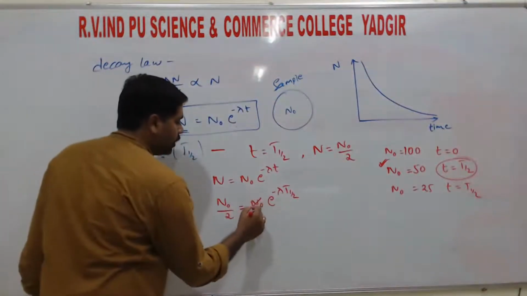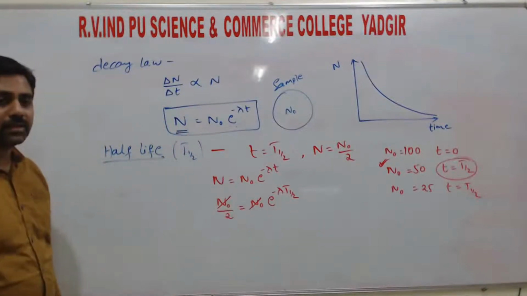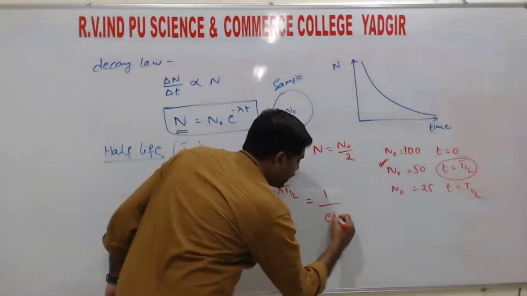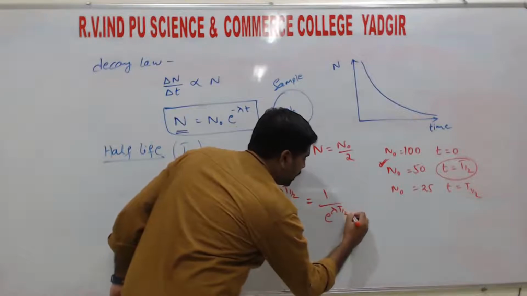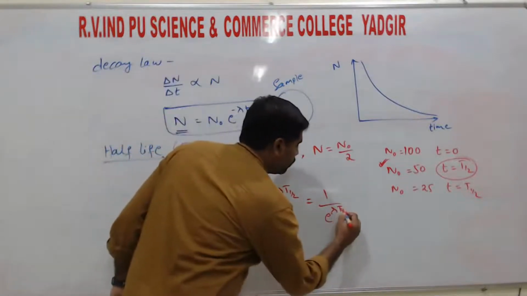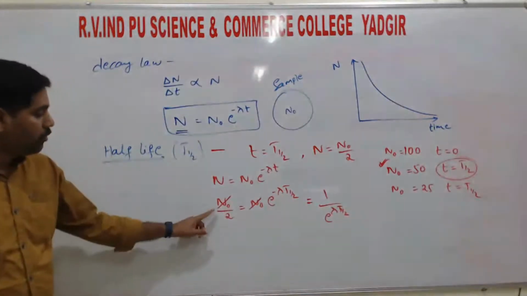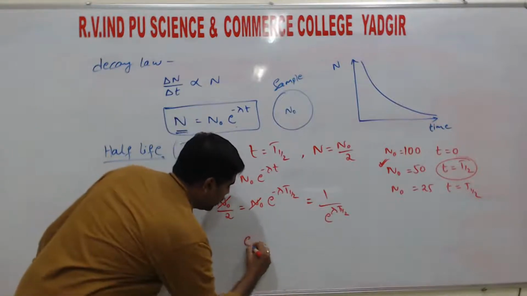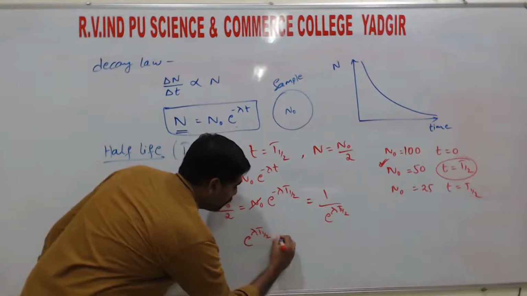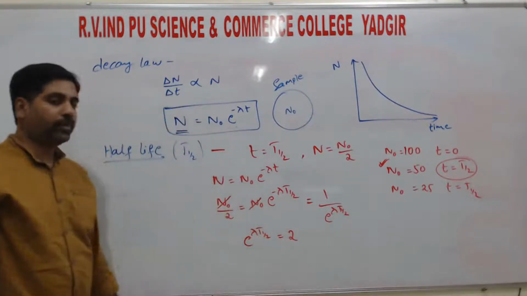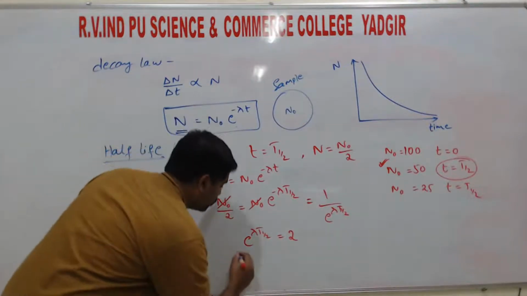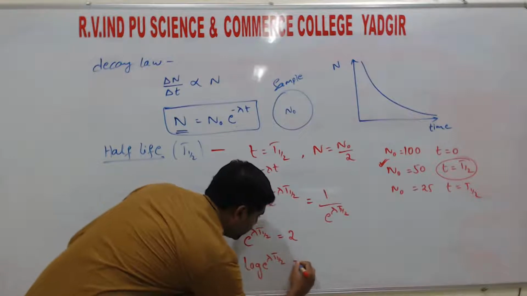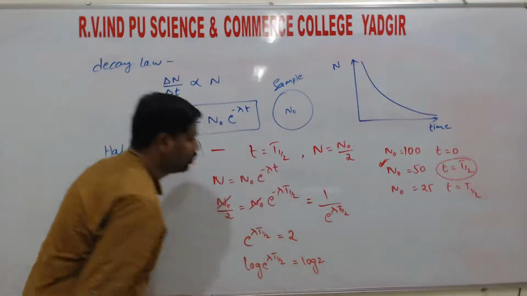Here N0 cancels, so 1 by 2 equals 1 by e to the power of lambda T half. That means e to the power of lambda T half equals 2. Now taking log on both sides, we get log e to the power of lambda T half equals log 2.